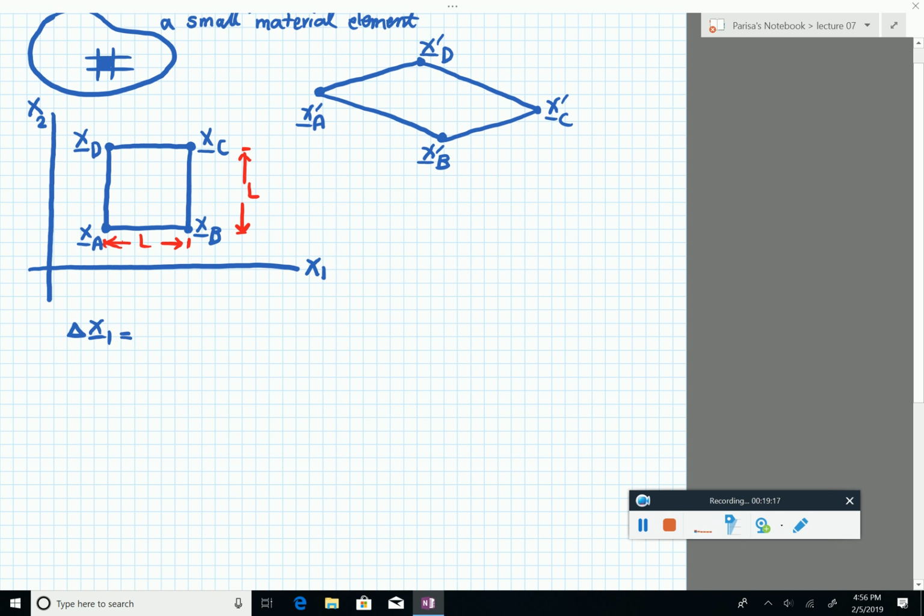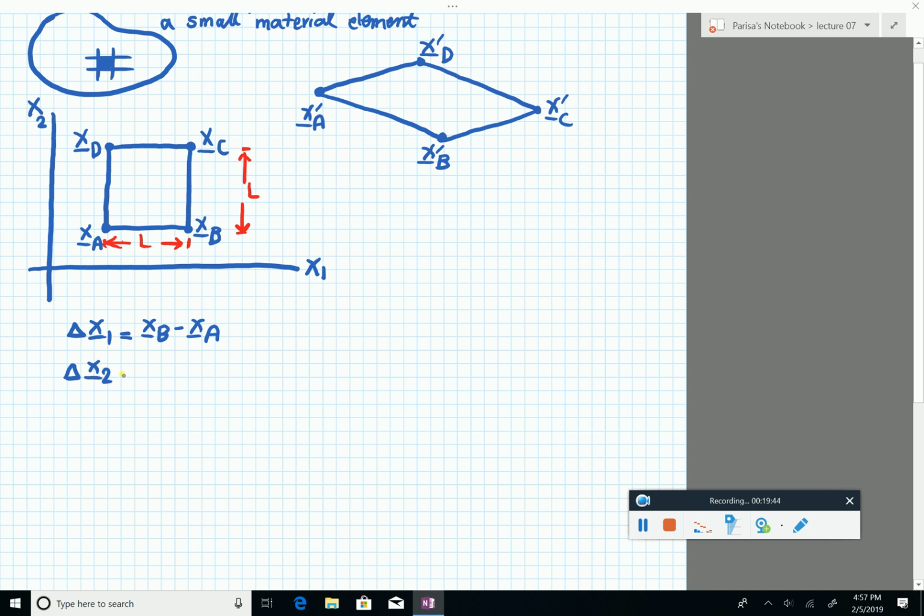The side of the square in reference configuration, delta x1, that's the side which is along axis 1. It's parallel to axis 1. It will be simply xb minus xa. You agree with me, right?